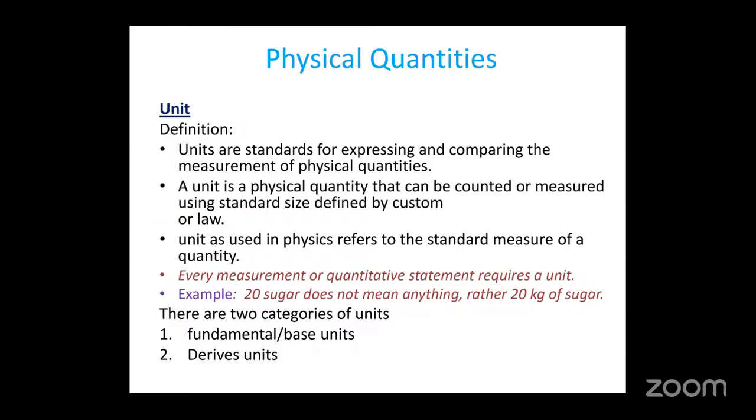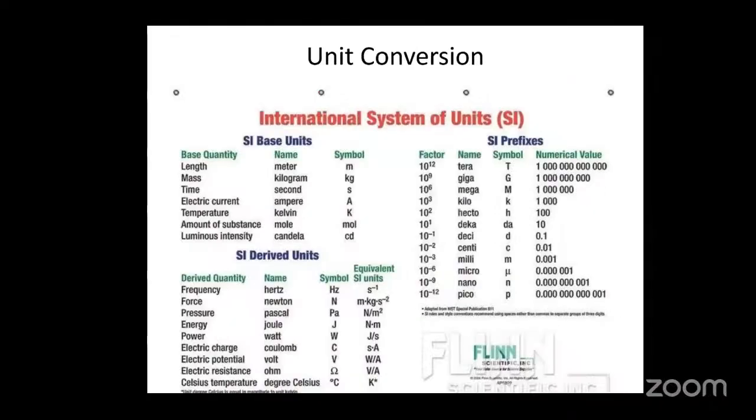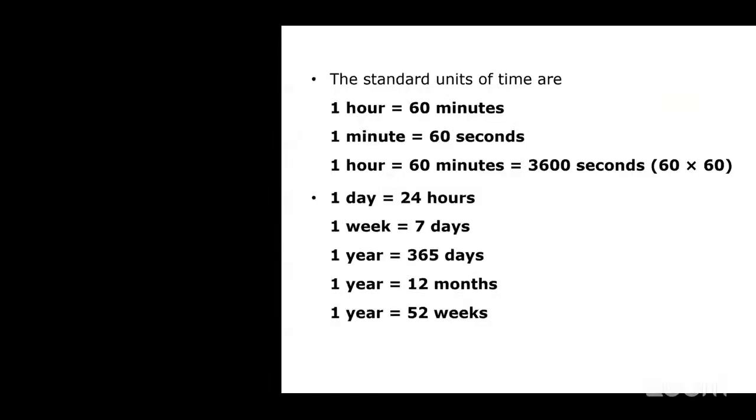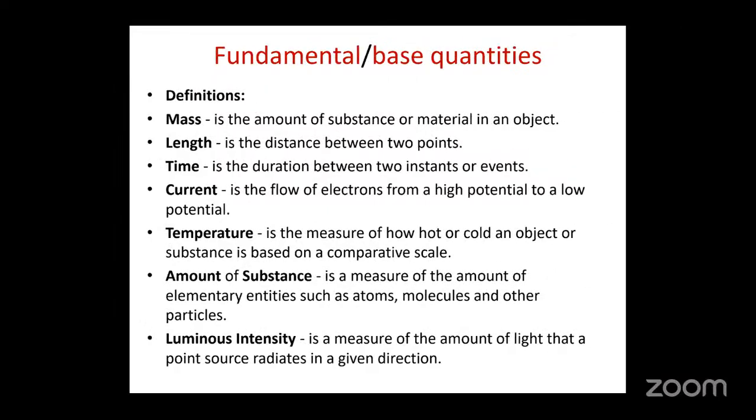The first one is mass. We have length, we have time, we have current, we have temperature, we have amount of substance, and luminous intensity. So these are the fundamental quantities or base quantities.